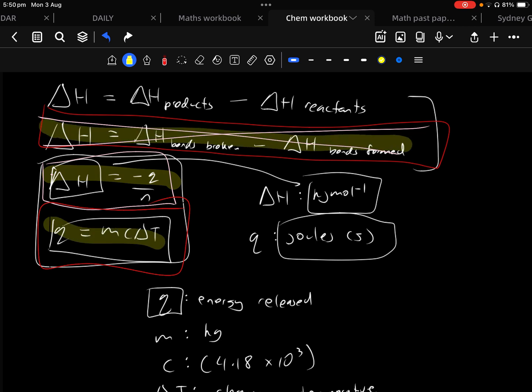Now our final formula is products minus reactants, which is one of the easiest formulas.